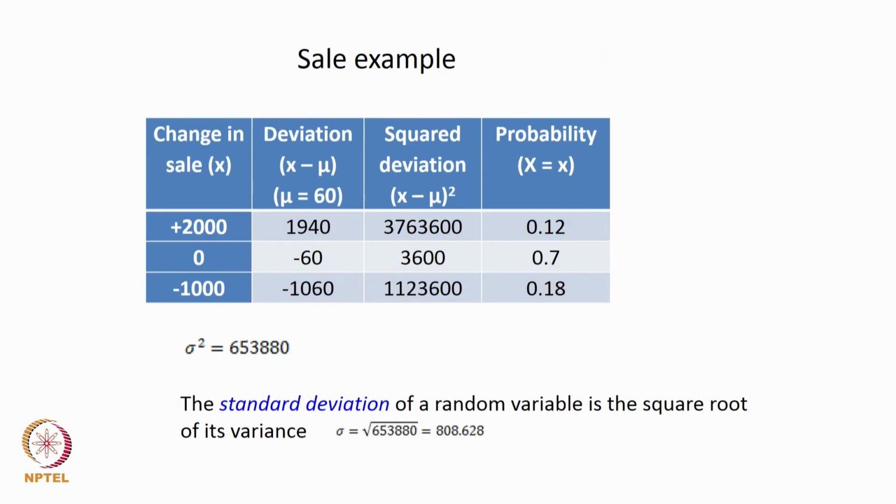X minus mu square values are shown here for the 3, and the variance is sigma x minus mu the whole square into p of x, which is 3763600 into 0.12 plus 3600 into 0.7 plus 1123600 into 0.18, which adds up to 653880.